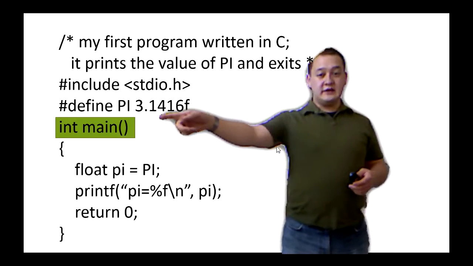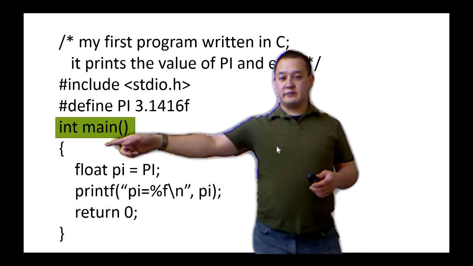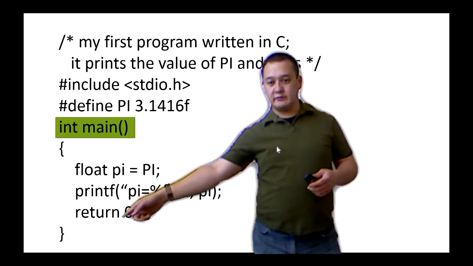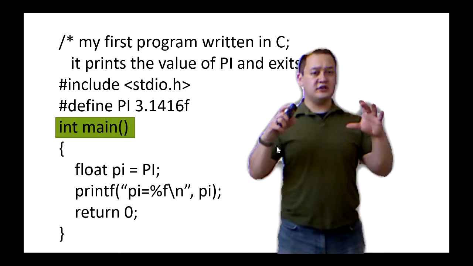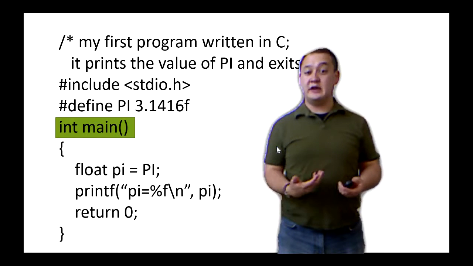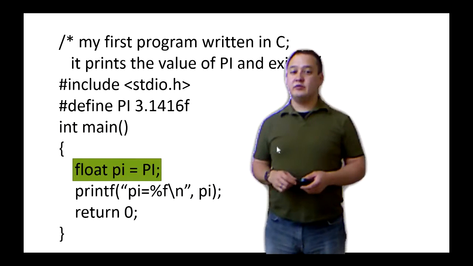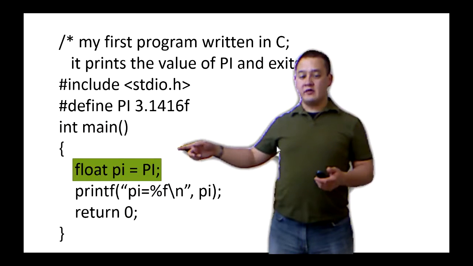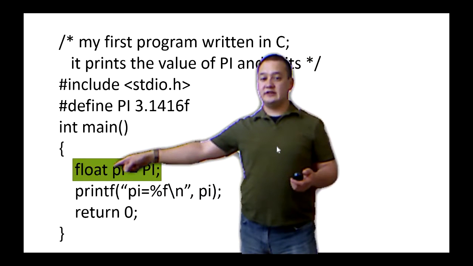Next you've got the name, which says main, and then you've got the body, which is outlined by these curly braces, this top one here and this bottom one down there. Those curly braces tell us which parts of the code belong to the int main function. Then, inside this function, we're going to have things like variables. Variables, again, have several parts. First, you've got the word float, which tells us the type of variable.